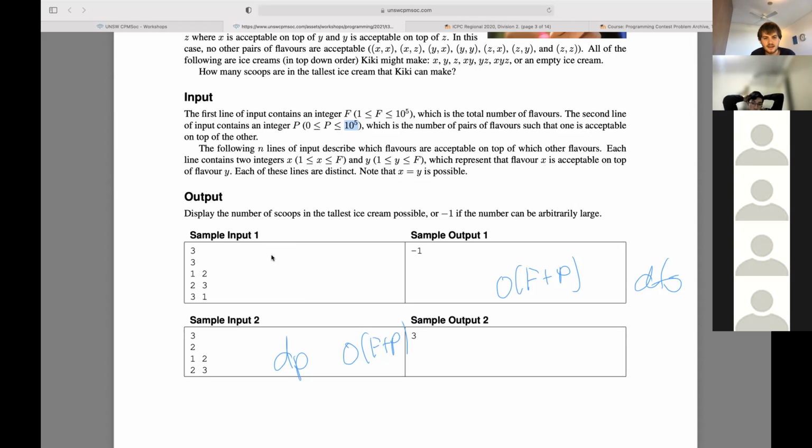But you can do it more efficiently if whenever you delete an edge, you check. So if you delete an edge from A to B, you check, is this the last remaining edge to B? And if it is, then you add B to a list of things with no incoming edges. If you do that, then your solution will be fast enough in both cases.